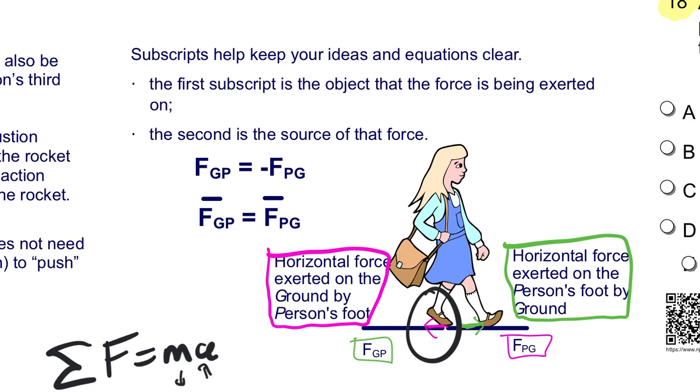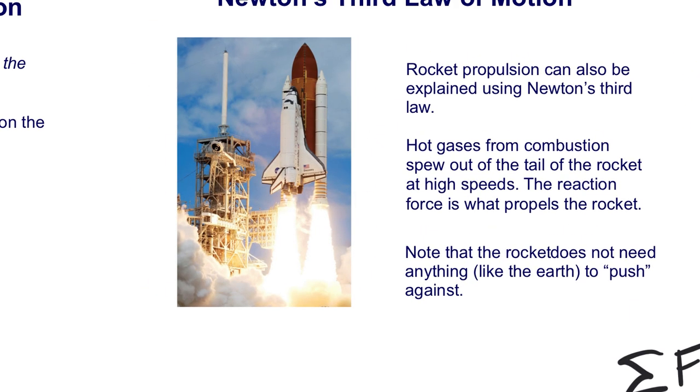Now, if we apply that to a rocket, in a rocket engine or a jet engine, rocket fuel, or a firecracker, the chemical energy of the ignited gas molecules pushes the gas exhaust out.